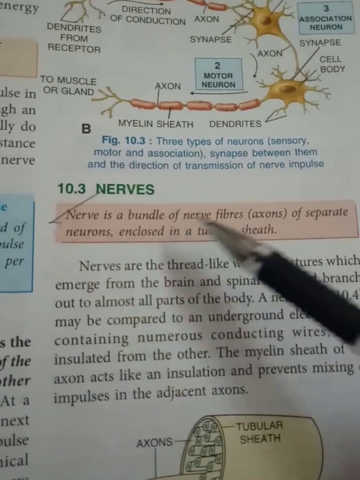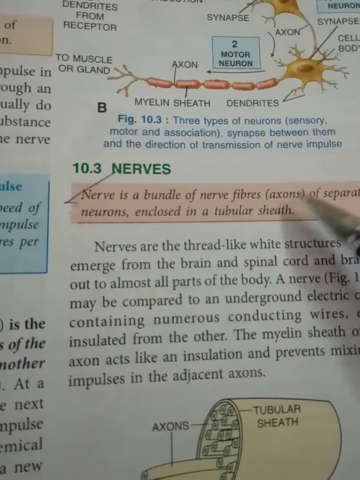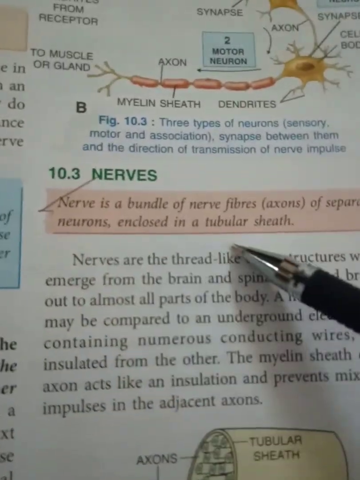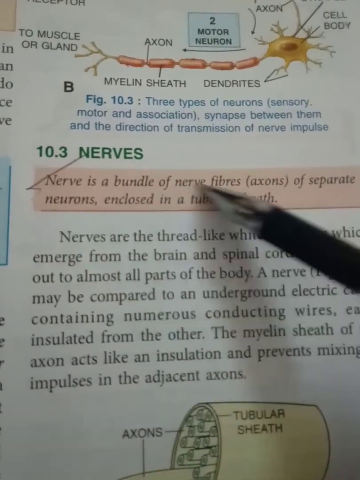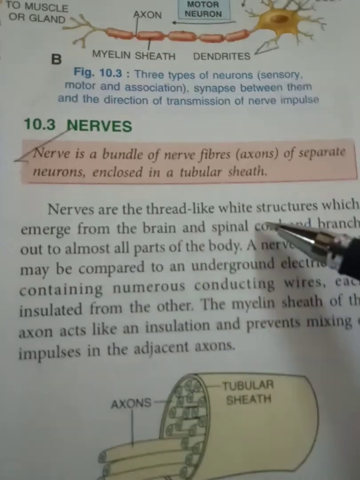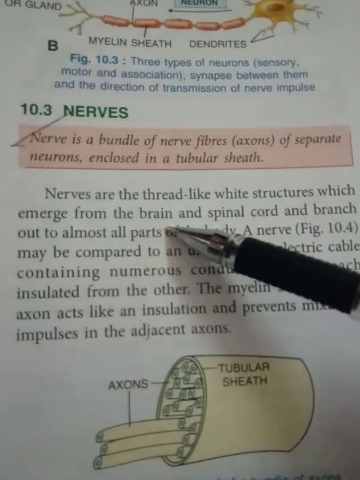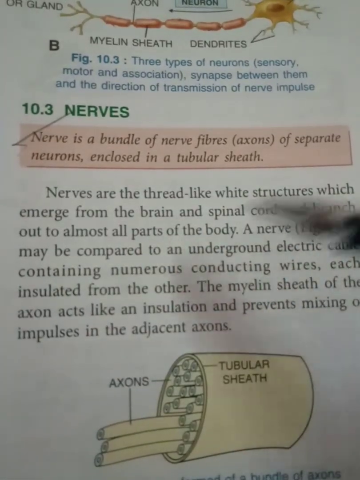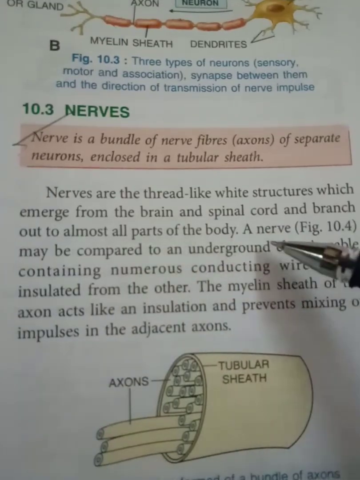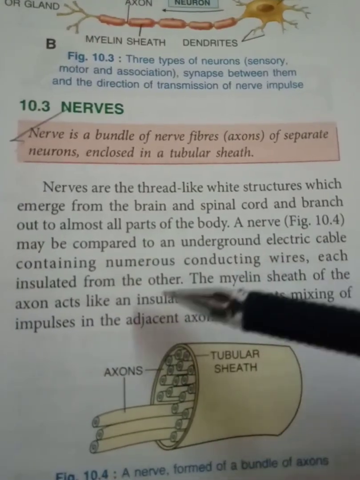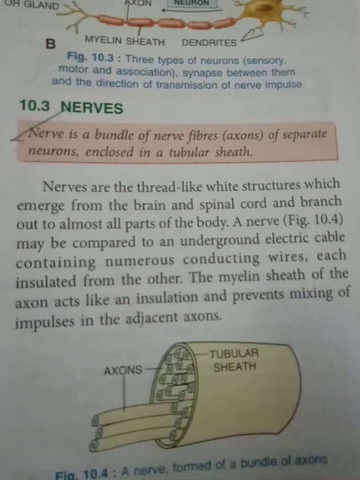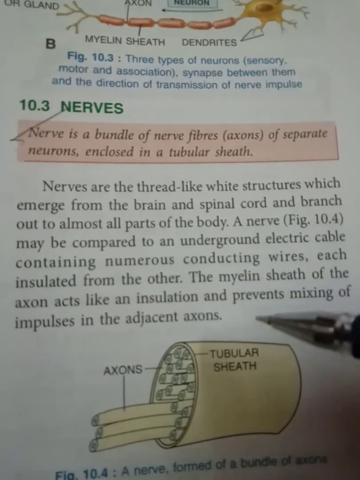Then come to nerves. Nerve is a bundle of nerve fibers, that is axons of separate neurons, which are enclosed in a tubular sheath. So axons bundled together. Nerves are the thread-like white structures which emerge from brain and spinal cord and branch out to almost all parts of the body. A nerve may be compared to an underground electric cable containing numerous conducting wires, each insulated from another.